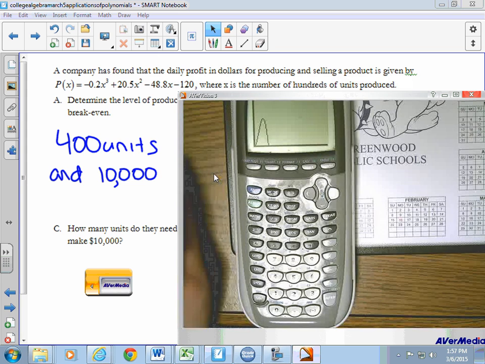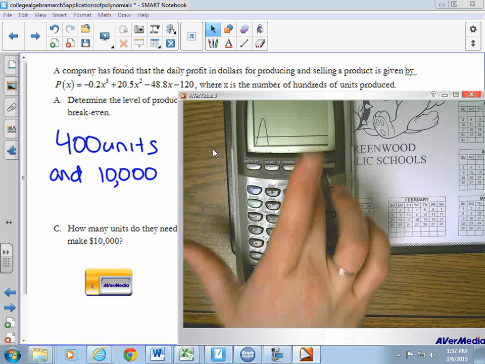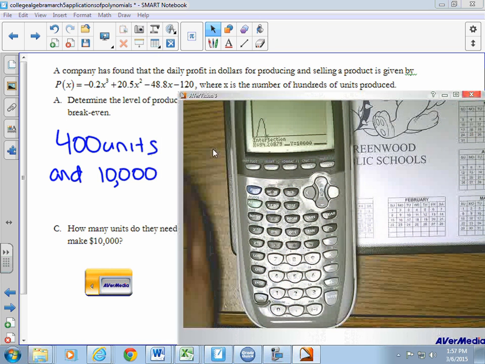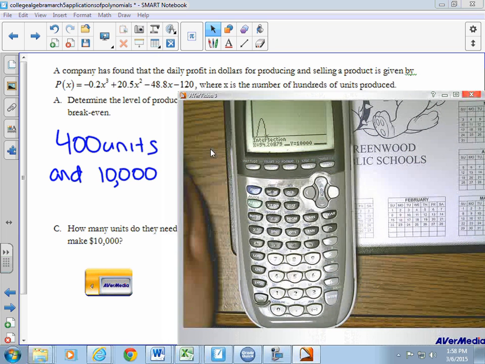So I put 10,000 in Y2, that's where this line that's eventually coming through comes from. There are 2 places. 94.209. Will someone write 94.209 down? Got it.